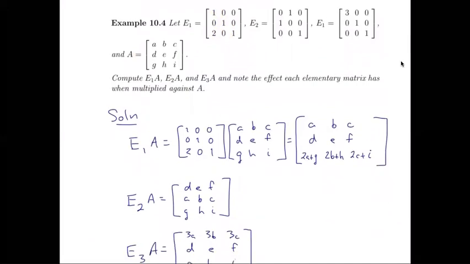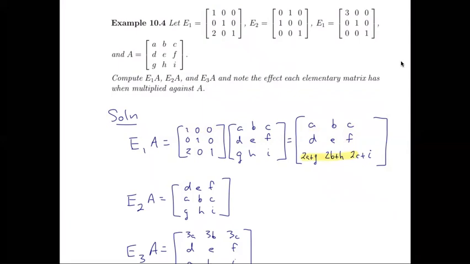Well, if we carry out this product, E1 times the matrix A, we see that the first 2 rows end up the same as the matching rows of A, but the third row is equal to 2 times the first row plus the third row.